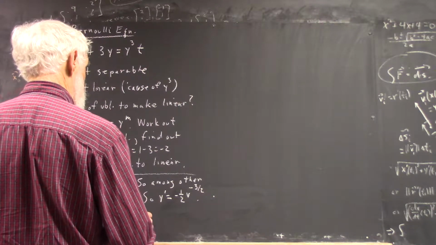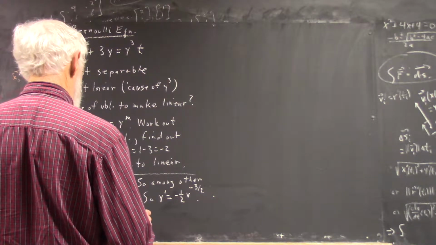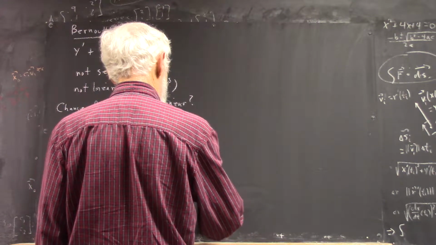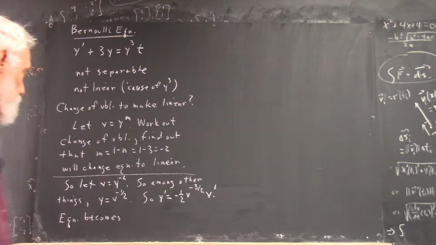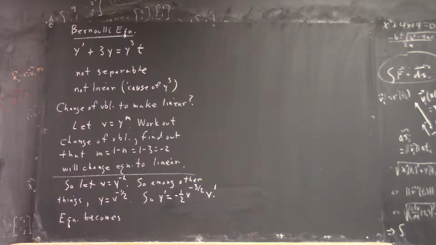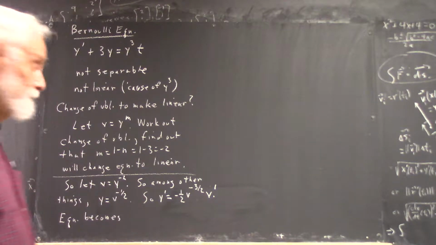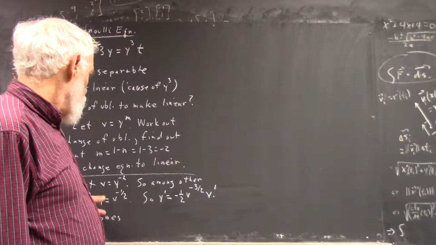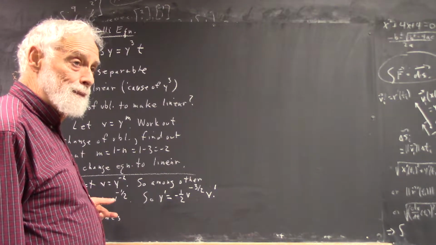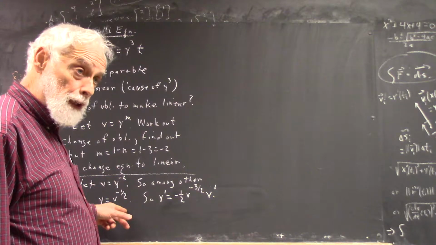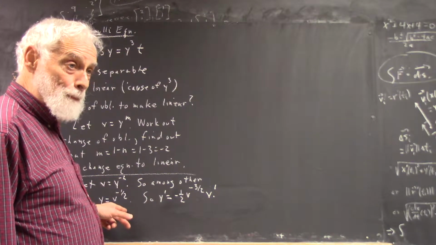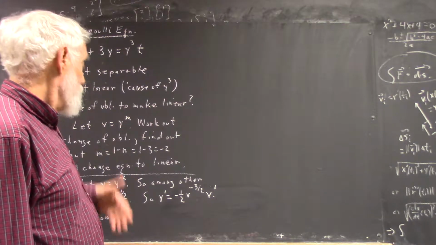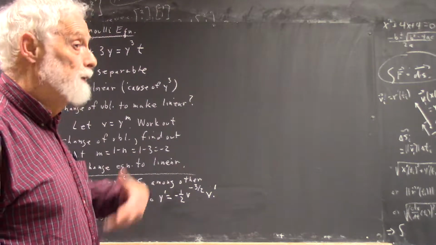So the equation becomes, oh, forgot v prime there. It's a chain rule. y is a function of v, so the derivative of y with respect to t is a derivative of v to the negative 1/2 with respect to t. v is a function of t, so you have a negative 1/2 power of a function of t, so you have a chain rule.